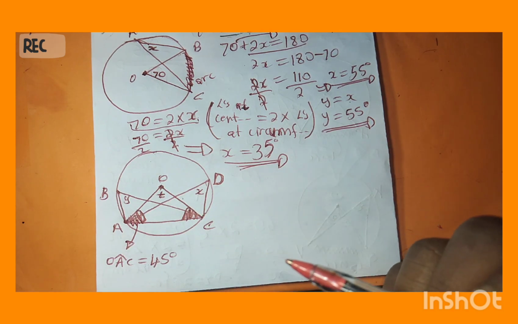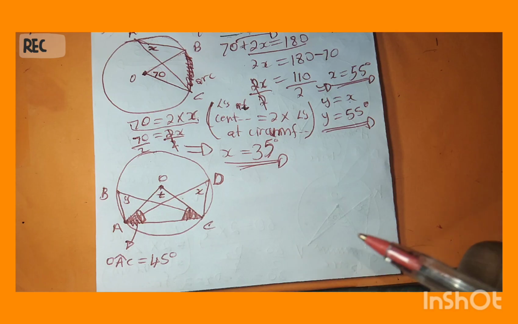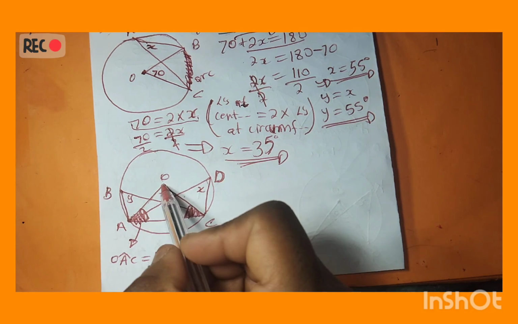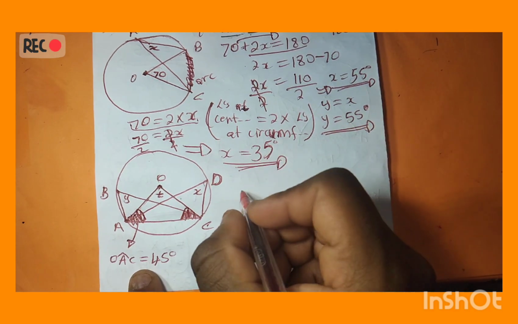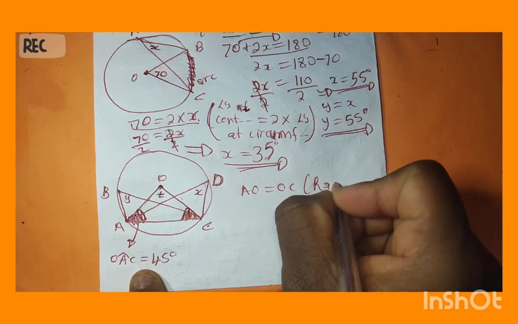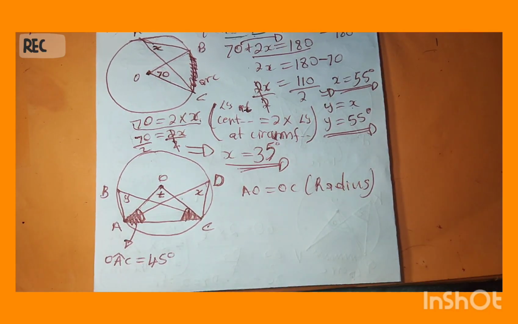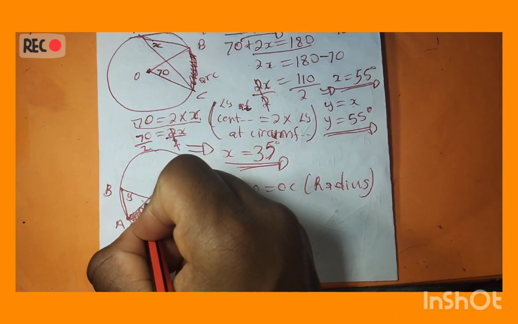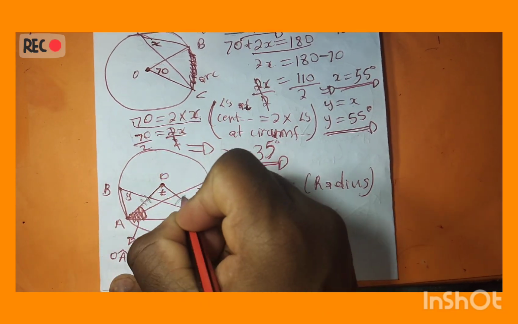First of all, for us to identify that those are equal, let's start by saying that these two sides are equal. OA is equal to OC. That's a radius. Meaning I'm saying that this is equal to this.